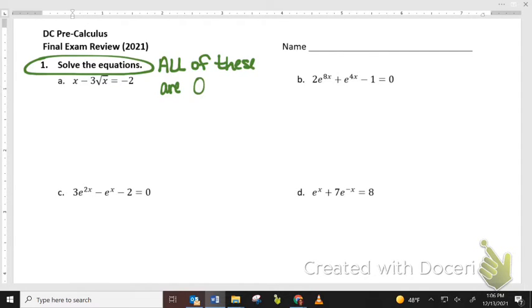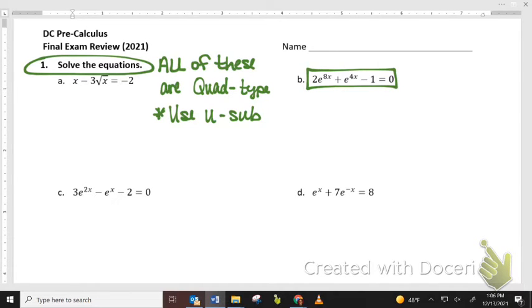U. So we're going to use u-substitution. So what should I let u equal over here on part B? Yes. e to the 4x.